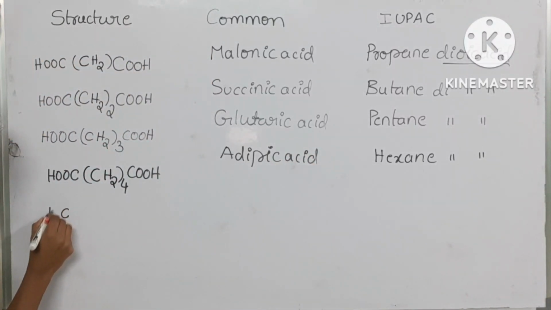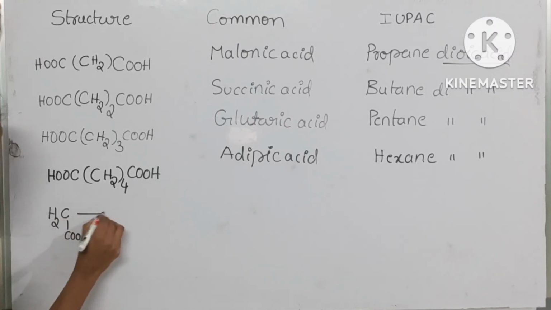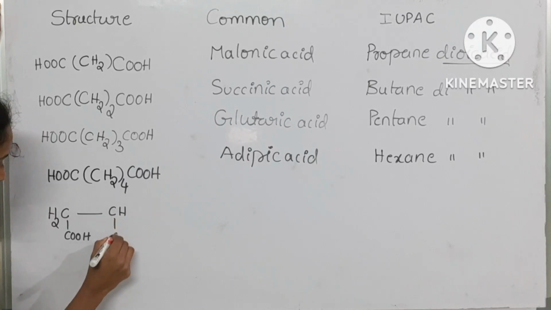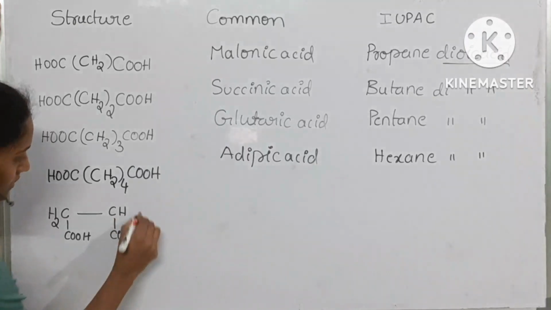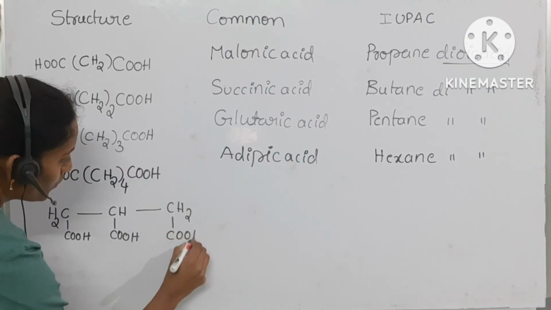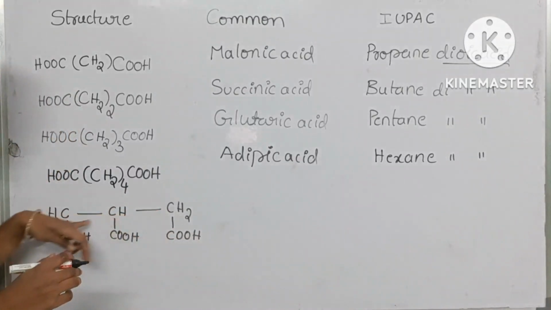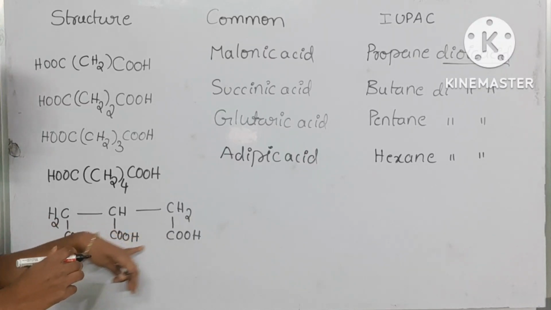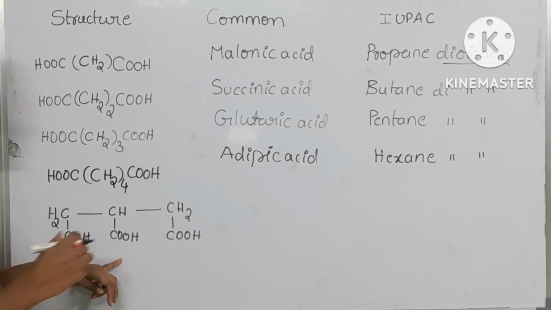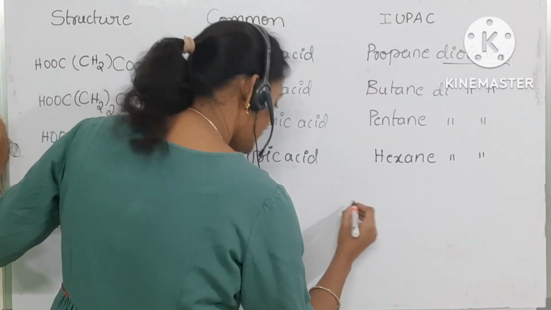You can see one more thing. If the structure is like this, CH2 COOH, CH COOH, CH2 COOH. Here, three carbon atoms are there in the straight chain, and three carboxylic functional groups are there. How can you write the IUPAC name for this one?